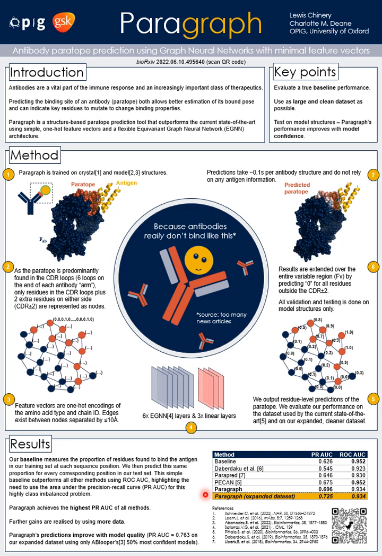And really promisingly, our performance improves with model quality. The tool that we use to predict our structures, ABlooper, alongside the predicted structure, also outputs a model confidence. What we find is that the accuracy of our method improves with model confidence, and this is useful in 2 ways.